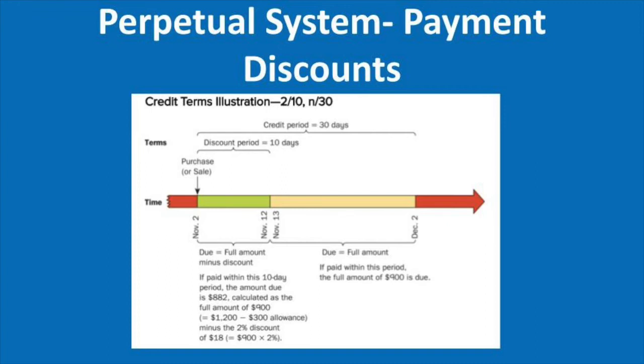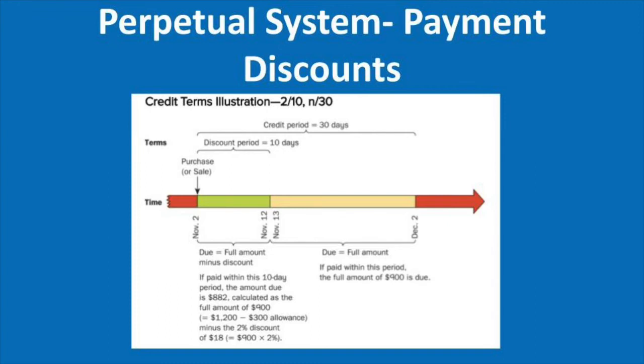Normally, these credit terms are stated in this type of format: 2/10, n/30. This means that there will be a 2% discount if the bill is paid within 10 days, and the whole bill, the net, has to be paid in 30.